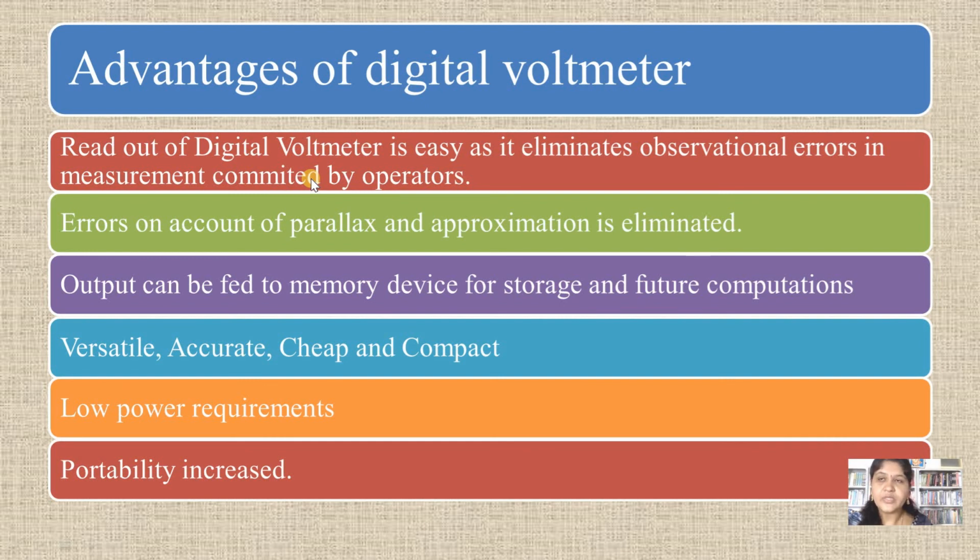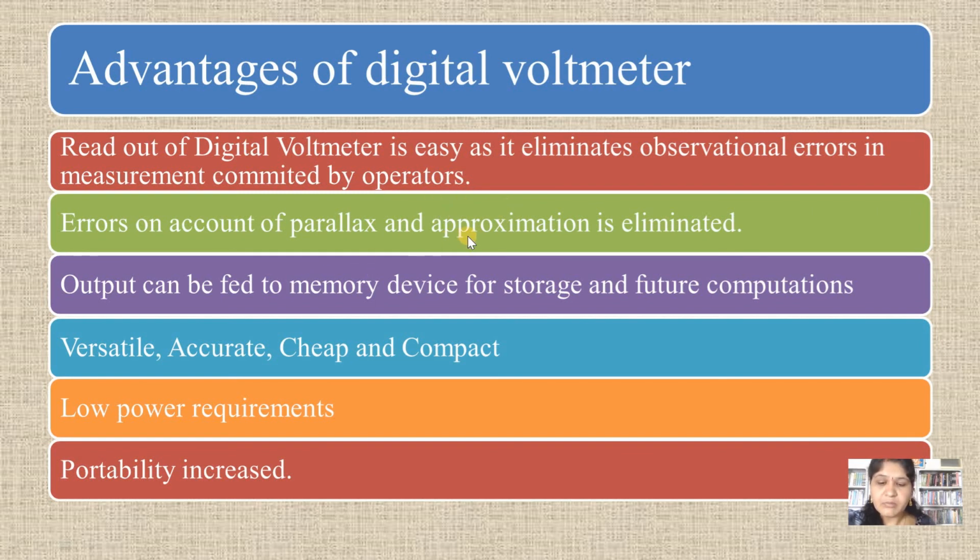Depending upon the position of the observer, the values will differ. Suppose the range is from 0 to 50 volts. This instrument has a transparent glass over it, so the observer can read the readings from it. So in the analog voltmeter, it can be affected by gross errors.